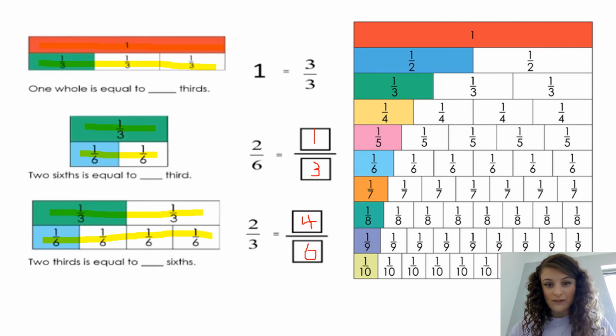Let's just check on our fraction wall. 2/3, because I don't want all three of them. I just want 2 parts because the numerator is telling me 2. 2/3, let's find our sixths. Let's go all the way along. And if you can see here, they both reach the same place. So we're right, 2/3 is equal to 4/6.